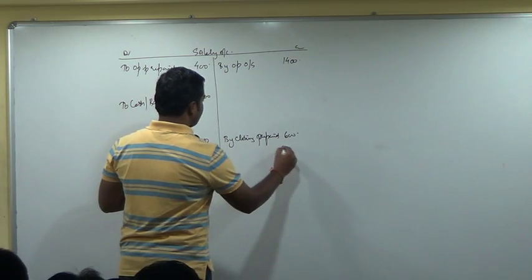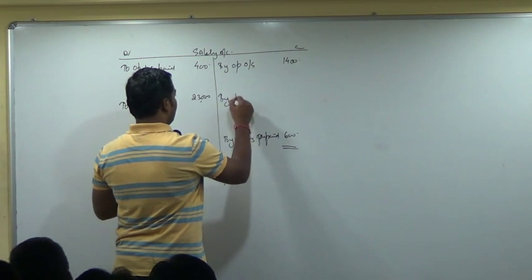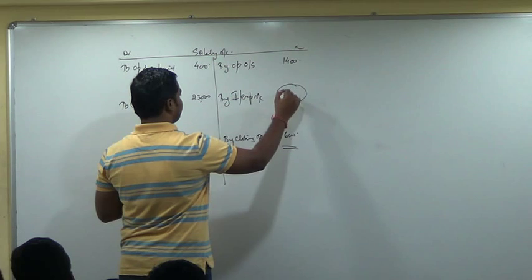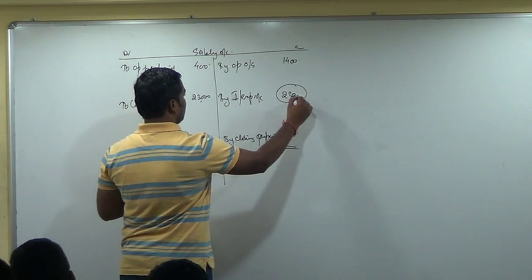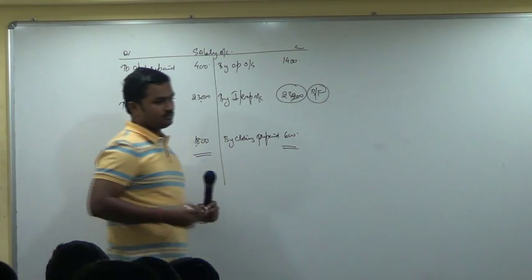Balancing figure is by income and expenditure account. How much? 23,200 balancing figure.